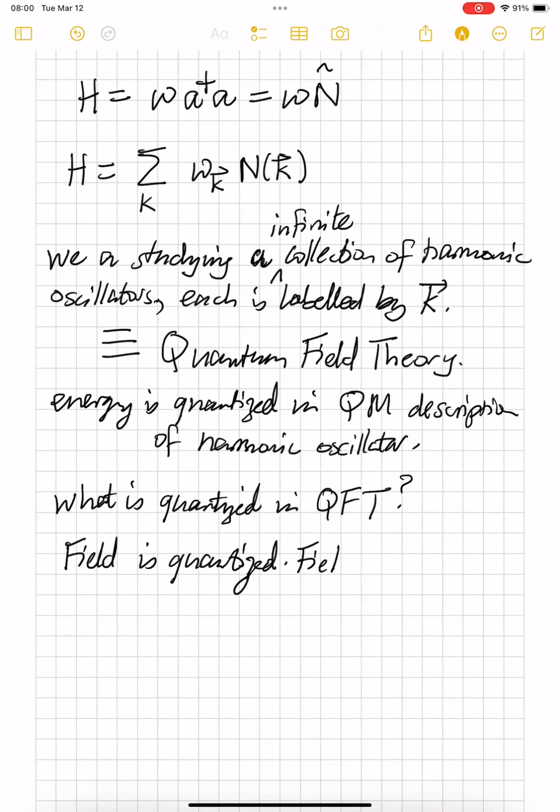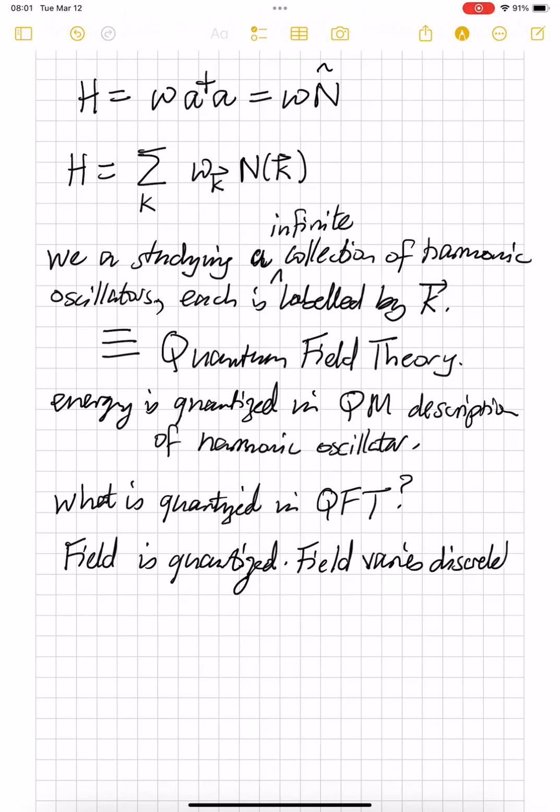Remember in the harmonic oscillator, the energy didn't vary continuously. You could have an energy of omega or 2 omega, but nothing in between. So there was one energy level, a gap, and then another energy level. So energy didn't vary continuously. There was a discrete set of values that energy could take. Well, here, the field varies discretely, not continuously.